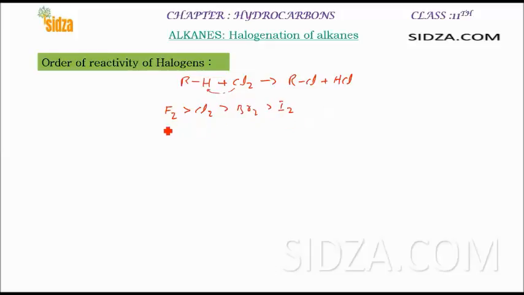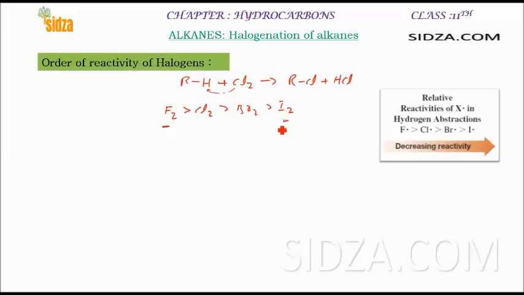So this is the fastest and this is the least towards a particular hydrogen atom. This is because the fluorine free radical abstracts the hydrogen from the alkane very quickly, and the order of the hydrogen abstraction is this one. Fluorine free radical the fastest one and iodine the least.